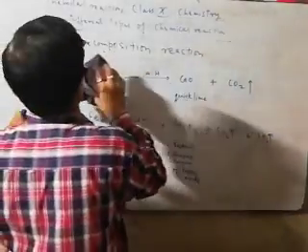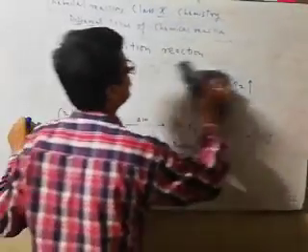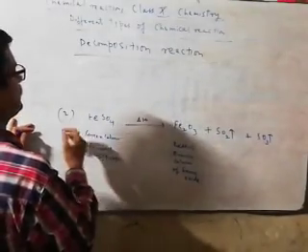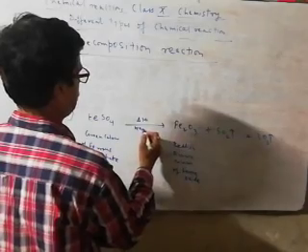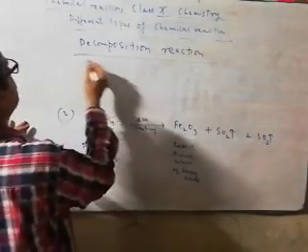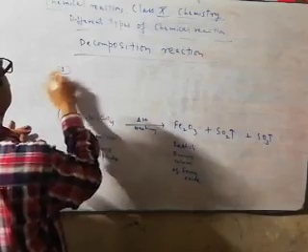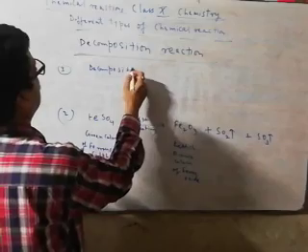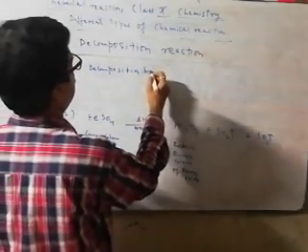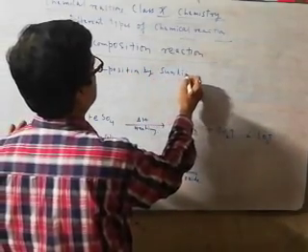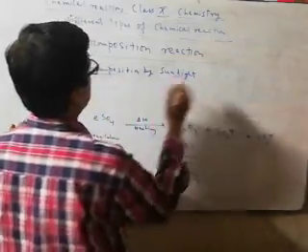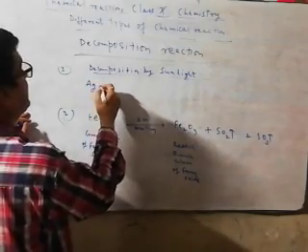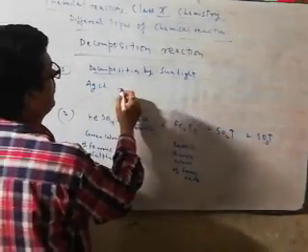That is the decomposition reaction. Decomposition by heat. Okay. Decomposition by sunlight. So what happens in decomposition by sunlight? Silver chloride, AgCl, when exposed to sunlight.